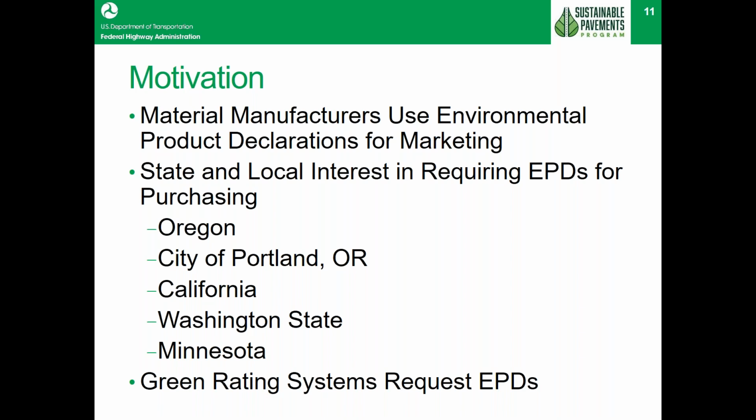To cite a couple of quick examples, the California Department of Transportation and the Oregon DOT have started requiring EPDs for pavement and other transportation materials, particularly for reporting and benchmarking. And there actually are requirements in those states for the use of EPDs when buying steel for procurement.